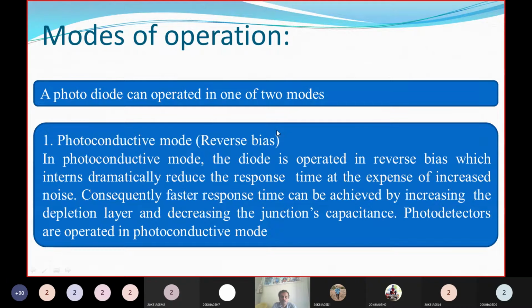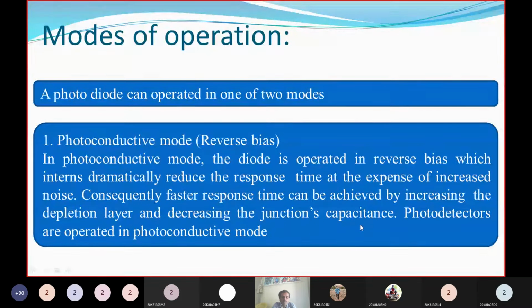In photoconductive mode, the diode is operated in reverse bias, which dramatically reduces the response time at the expense of increased noise. Consequently, faster response time can be achieved by increasing the depletion layer and decreasing the junction capacitance.